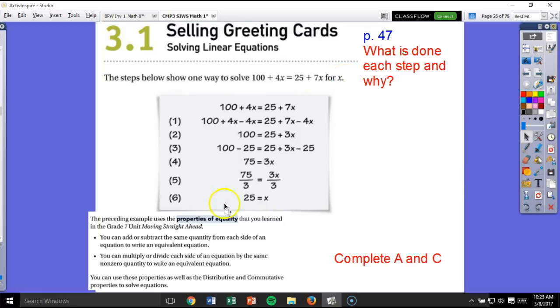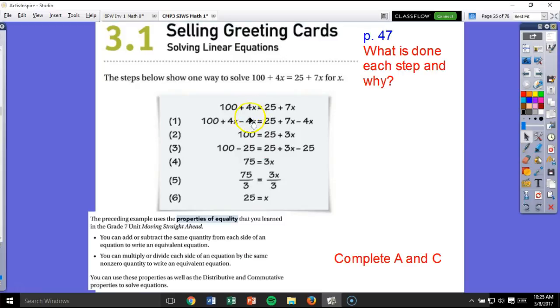If we think back to our properties of equality, we can add or subtract the same quantity from each side of an equation to write an equivalent equation, or we can multiply or divide each side of an equation by the same non-zero quantity to write an equivalent equation. All this means is whatever you do to one side of the equation, you must do to the other.